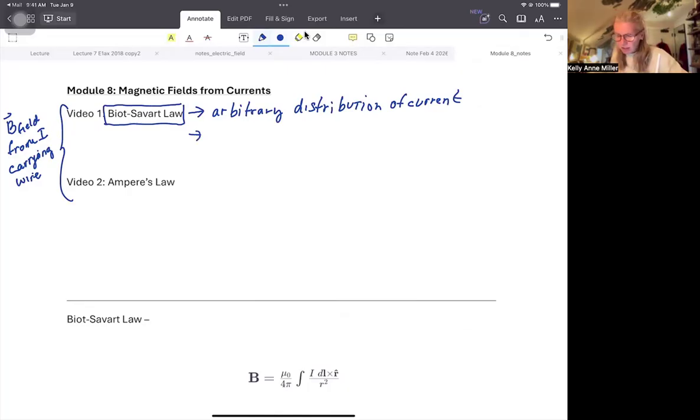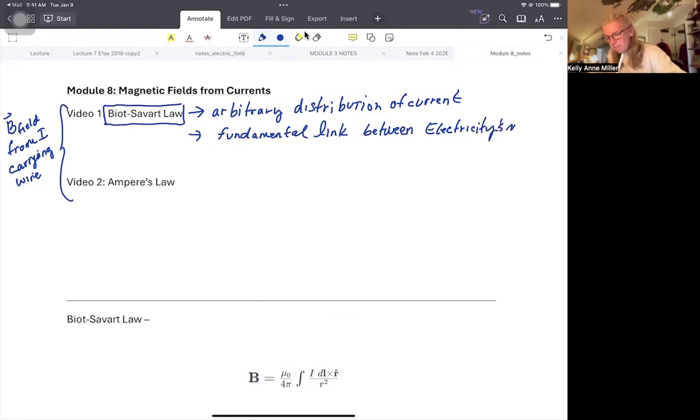It's the fundamental link between electricity and magnetism. And the reason for that is it allows us to go from electric charge, which we talked about at length for the first part of this course, to magnetic field.